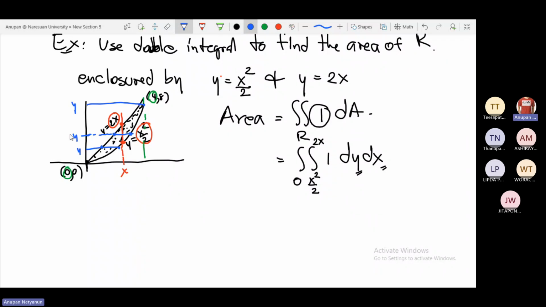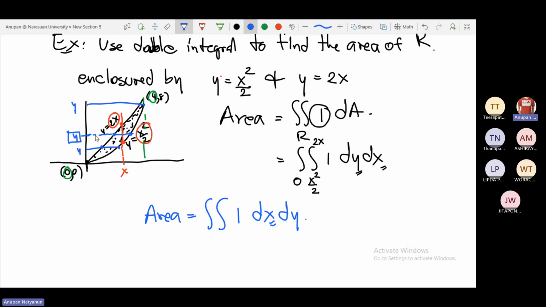So in this case, let me pick this particular fixed y. The area is going to be, again, you use the function 1. And then you want to do the integration with respect to x first, and then with respect to y later. Now we are going to find the running number for x. We do the integration with respect to x first.